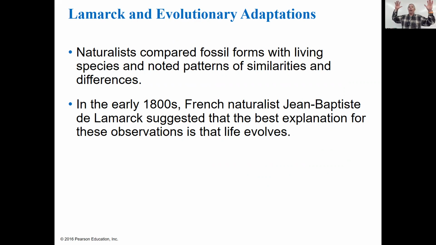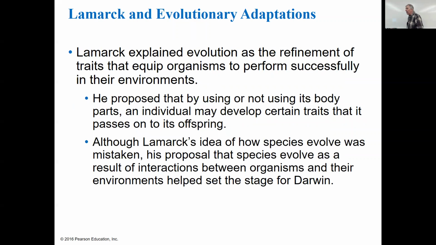So he's the first guy that put forth the idea of evolution. He explained evolution as a refinement of traits that equip organisms to perform successfully in the environment. His theory was called acquired characteristics. He proposed that by using or not using its body parts, an individual may develop certain traits that it passes on to its offspring.